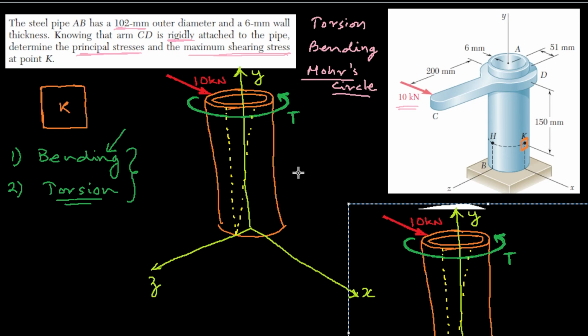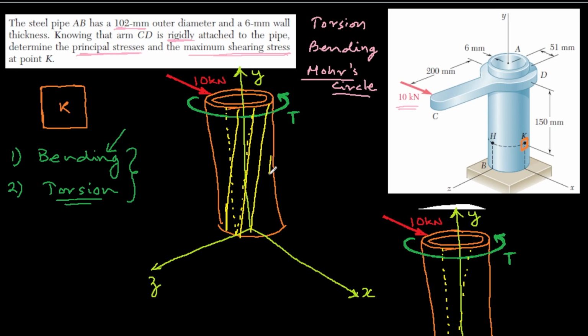So here I just wanted to draw this thing. If these vertical lines were drawn earlier, now you will see lines which are like that. So this is the effect of this twist which has been applied.